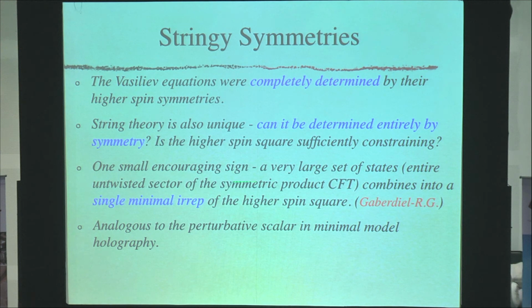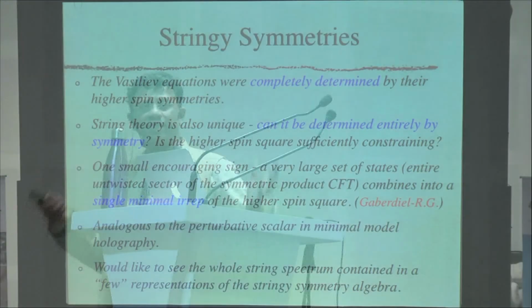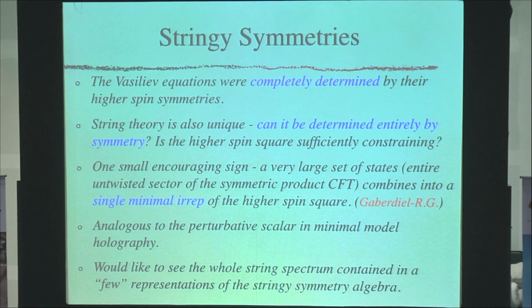So this representation is analogous to the scalar that we had in the Vasiliev theory in the earlier holographic example. And what we would really like to see is if the whole string spectrum can be organized in terms of a very few representations of this bigger stringy symmetry algebra.